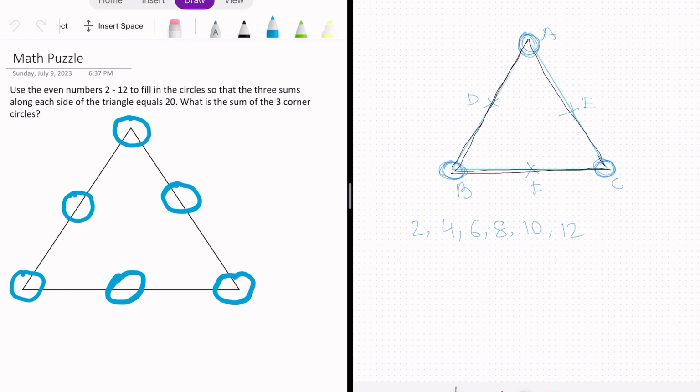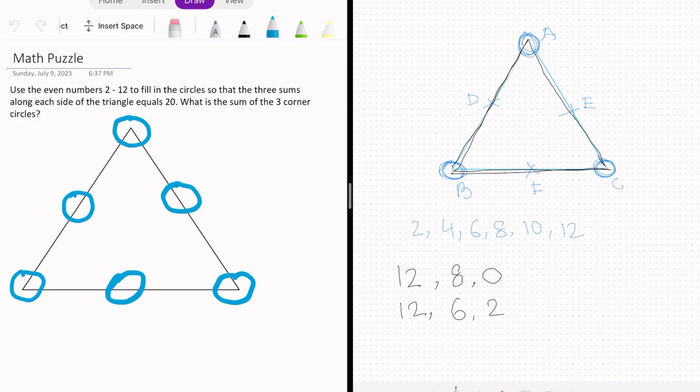If one of the numbers is 12, then the other numbers could be 8 and 0, or it could be 12 and 6 and 2.